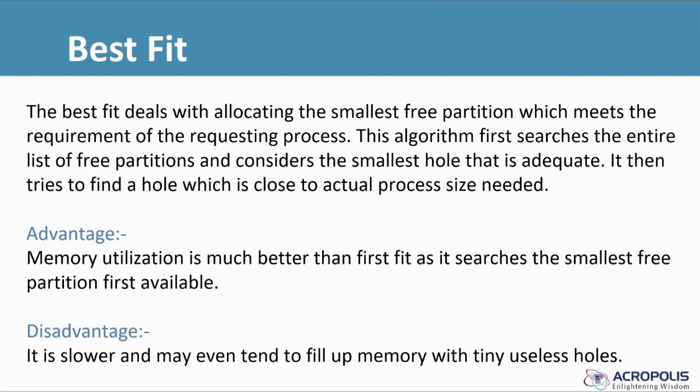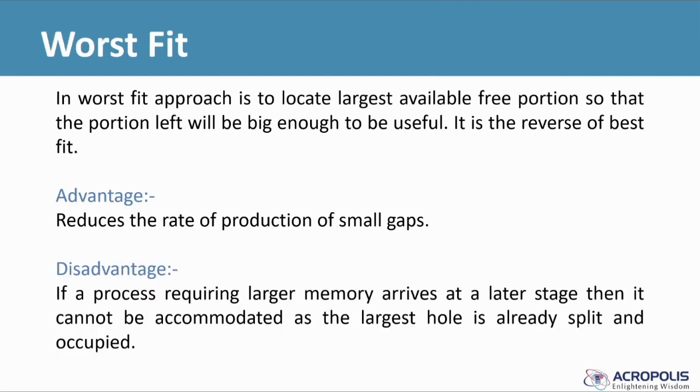And the last one we have is worst fit. Worst fit is just the reverse of best fit. It searches for the largest free partition available. The advantage here is that it reduces the rate of production of smaller gaps. But at the same time there are certain disadvantages as well.